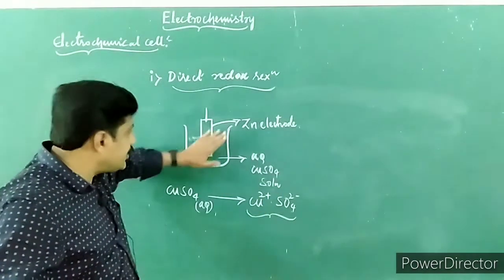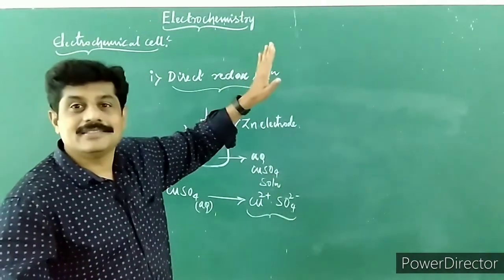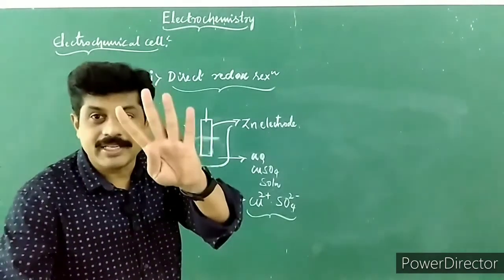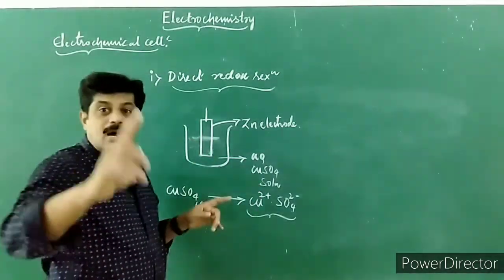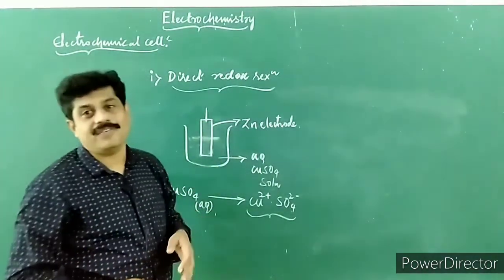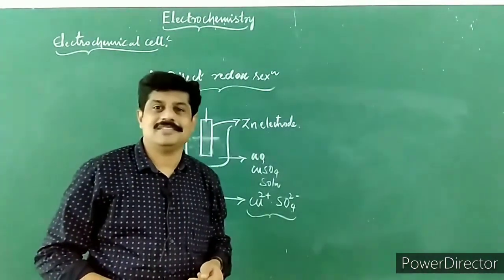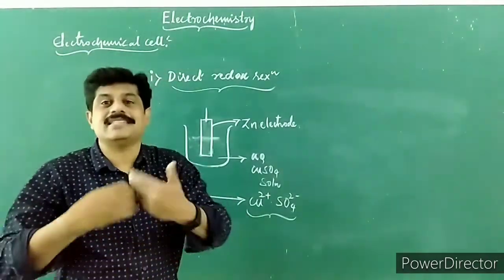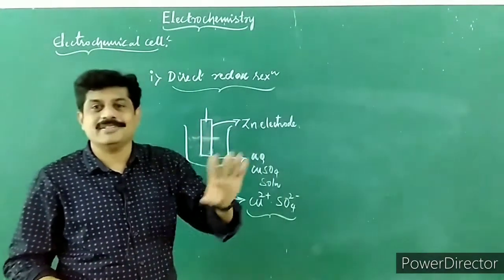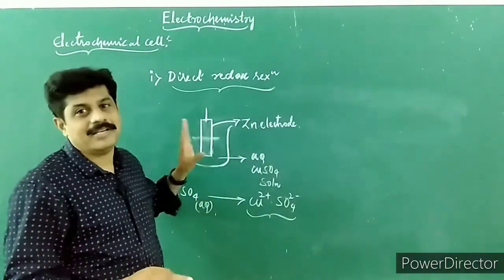Third, the temperature of the solution increases, that is the solution becomes hot. And the fourth one is that reddish brown copper starts depositing on the surface of the zinc rod. Children, the changes I mentioned right now are all because of the direct redox reaction taking place inside the beaker.